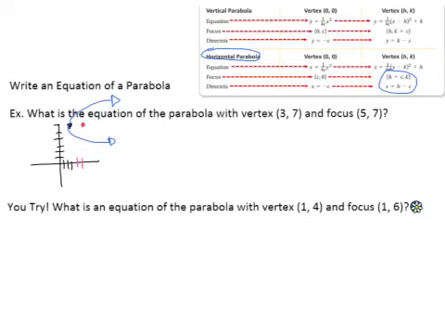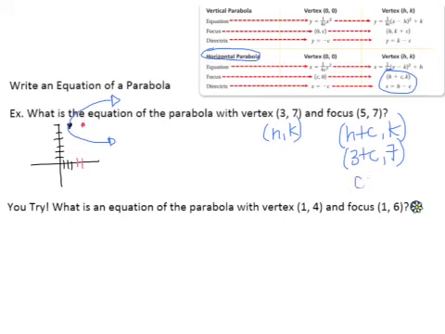The focus is 5, 7, and we know that that's going to be h plus c, comma k. And we know our vertex is 3, 7, which is h, comma k. So now I know that my focus is really 3 plus c, comma 7, and now I just need to solve for c. Since the focus is at 5, then 3 plus c equals 5, so c is equal to 2.